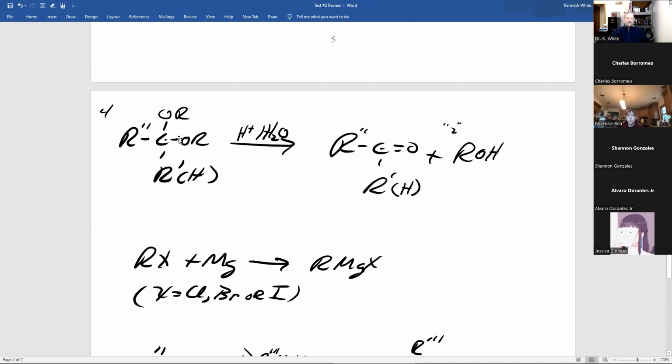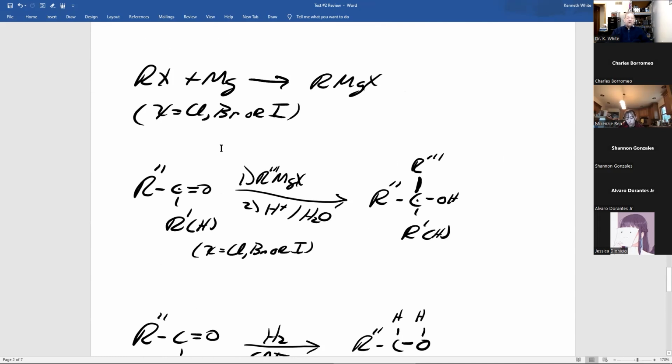And if you take the acetal or ketal, acid and water, this is how your stomach breaks down starches, you get back to the aldehyde or the ketone plus the alcohol, and you don't have to put a 2 there because we don't balance equations in this class to make that acetal or ketal.